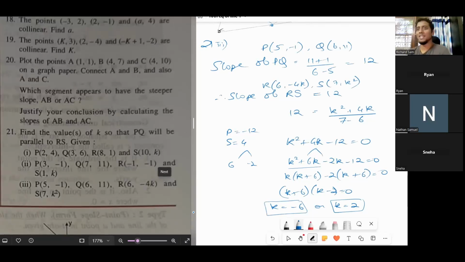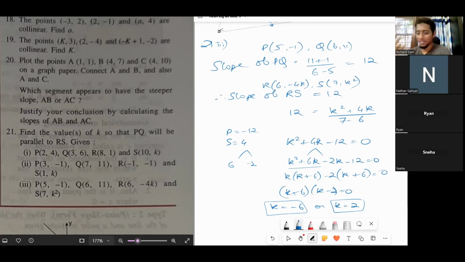If k was something like age, then it has to be positive. If it was the side of a triangle, it has to be positive. There are some cases where the roots of a quadratic equation cannot be negative, but here they can be both positive and negative. Alright, so that's your answer.